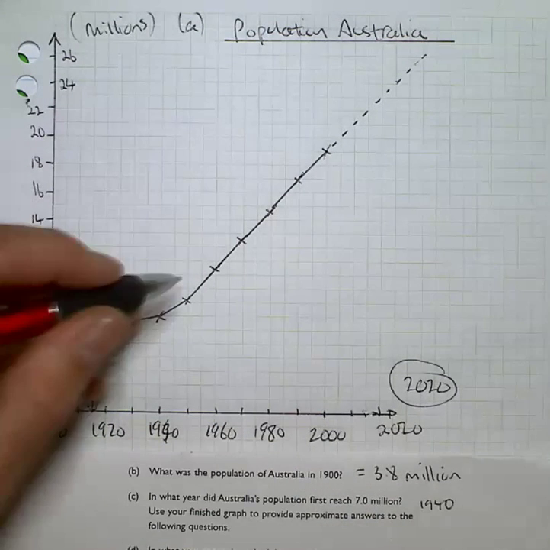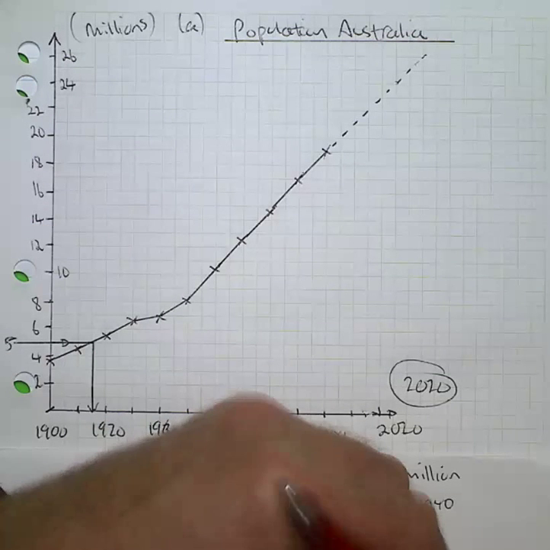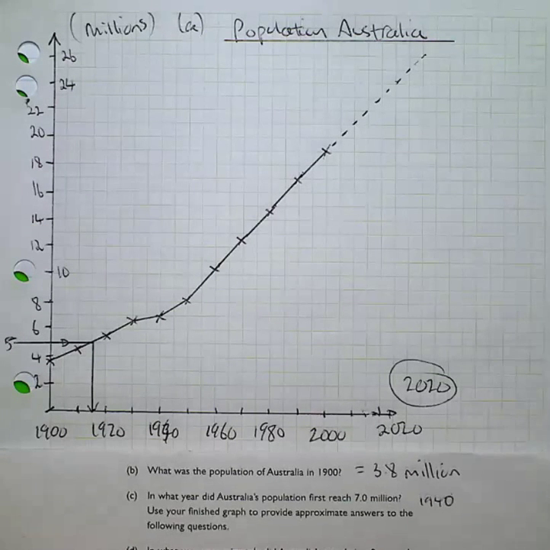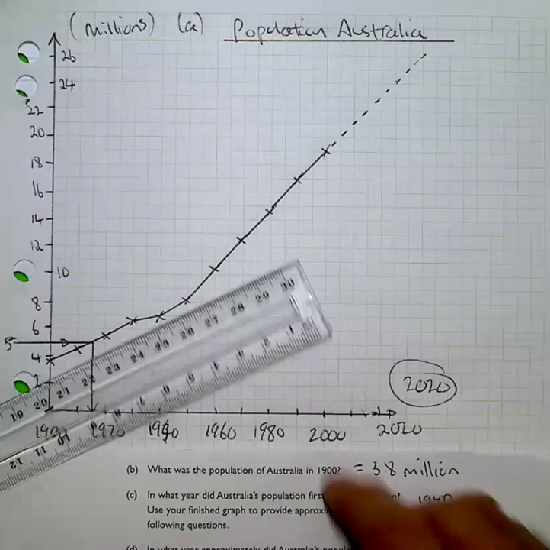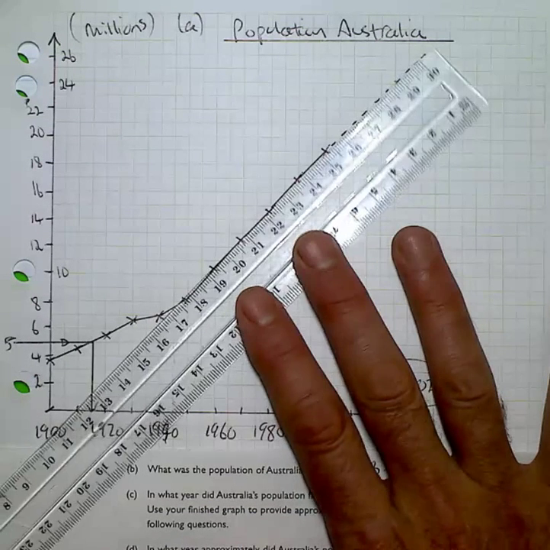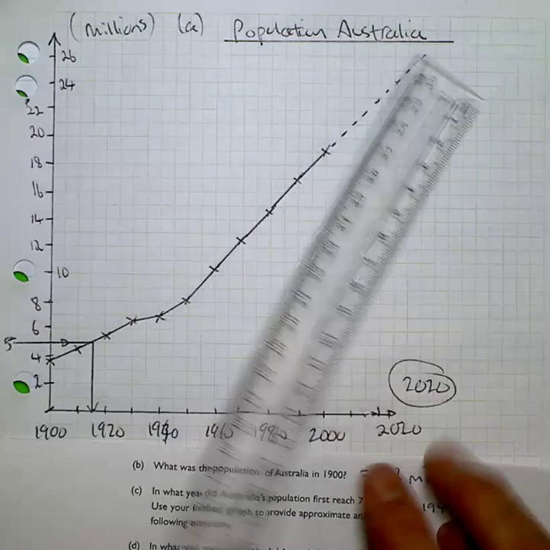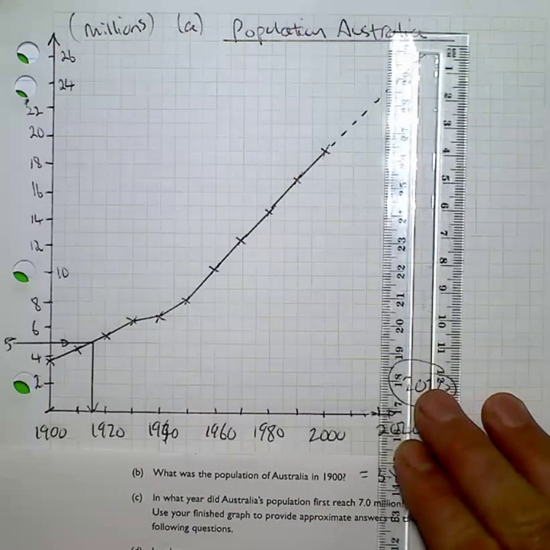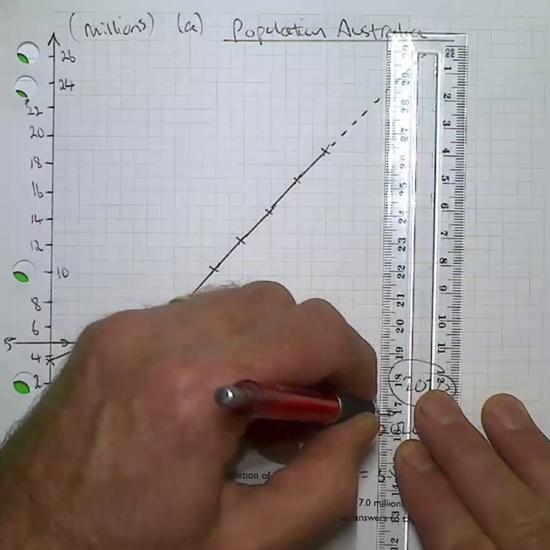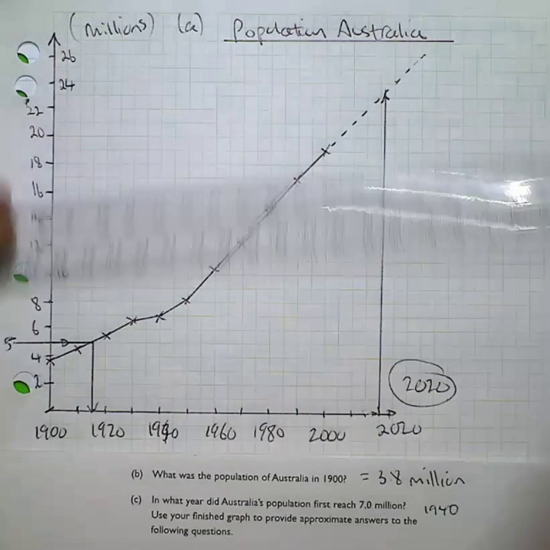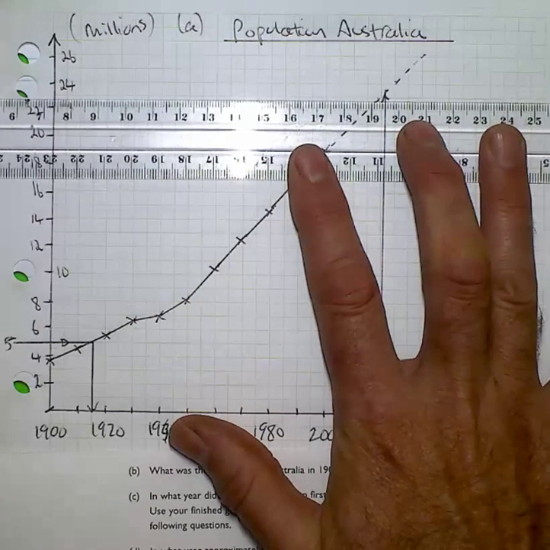in the year 2000. Now, if I was to extend my graph to about 2020, as I discussed earlier, all I've done, I've lined my graph up, so it follows an approximate straight line, and I've extended my graph to about 2020. I'm going to rule up from 2020 and rule across, and that will give me an estimate.